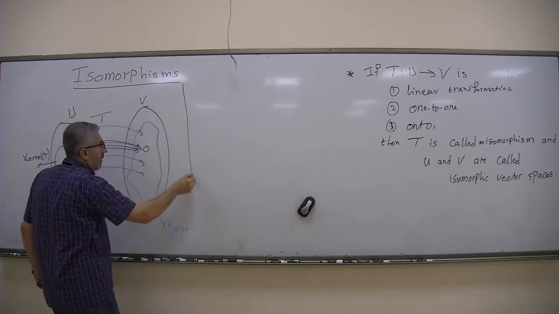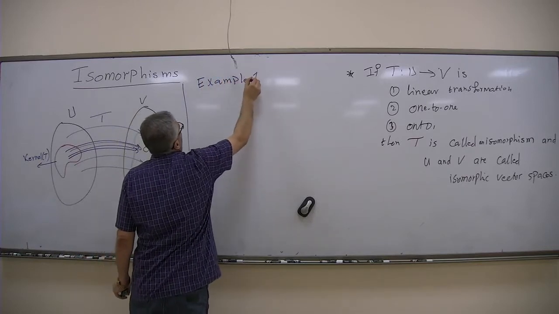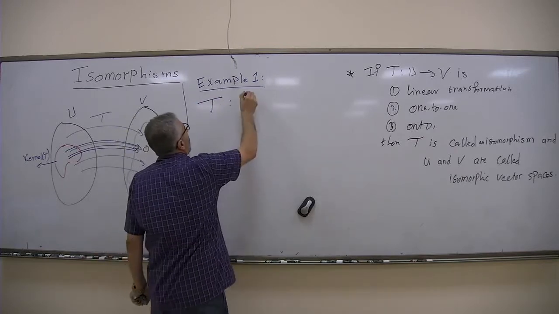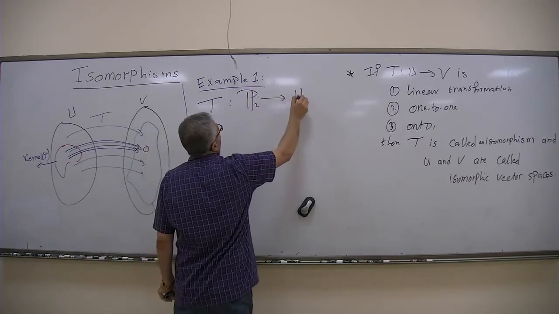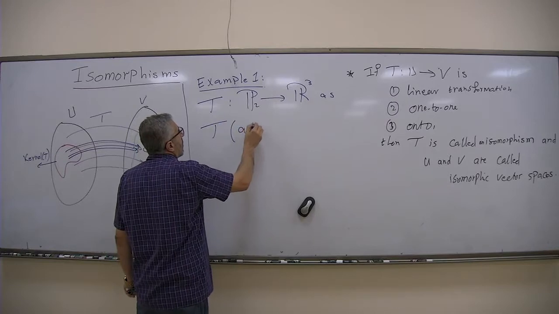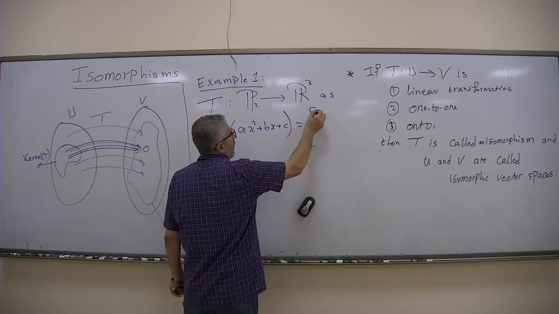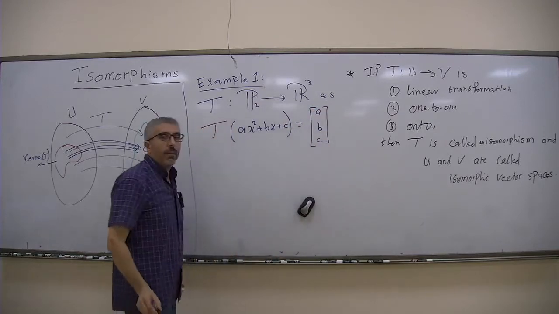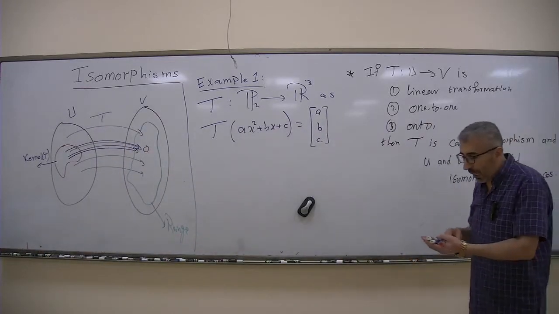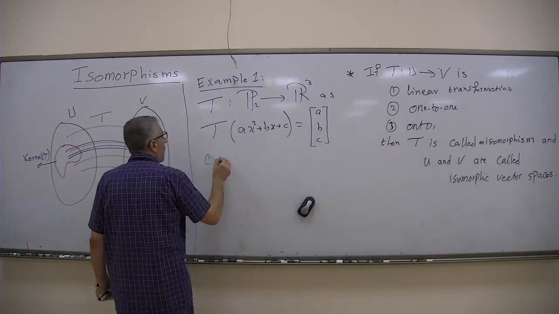Example number 1: define T from P2 to R3 by taking a polynomial ax squared plus bx plus c and sending it to (a, b, c). I'll leave it for you as an exercise. You already know that, but you can double-check again. T is linear.